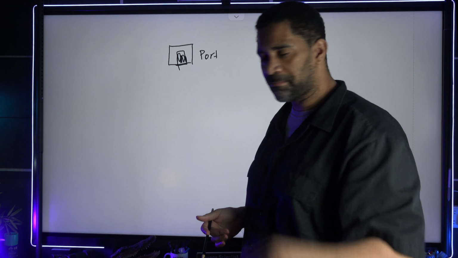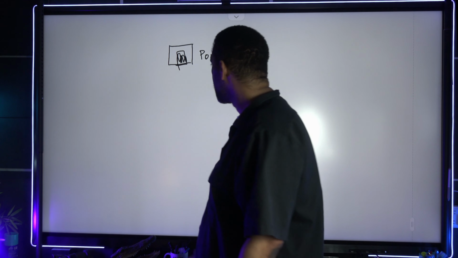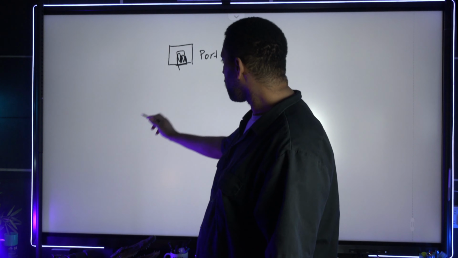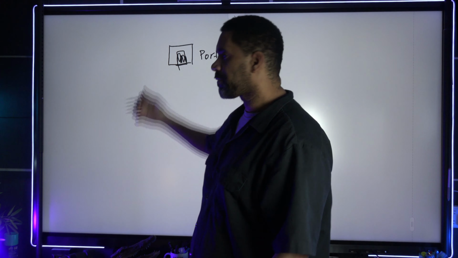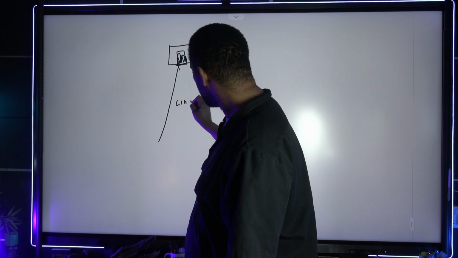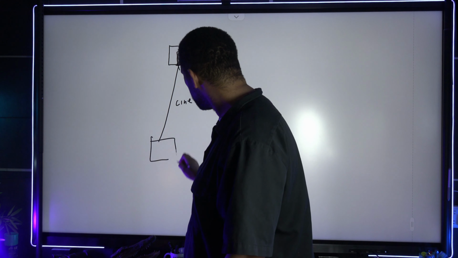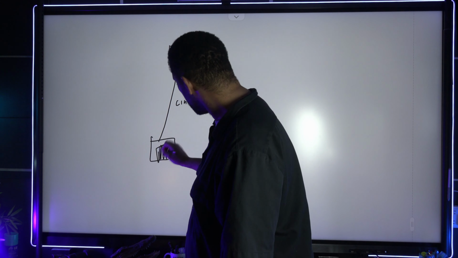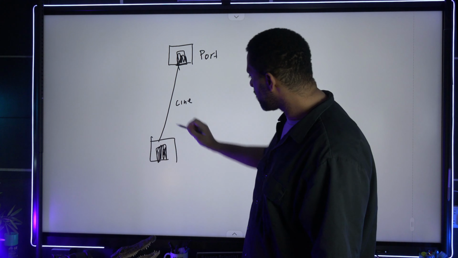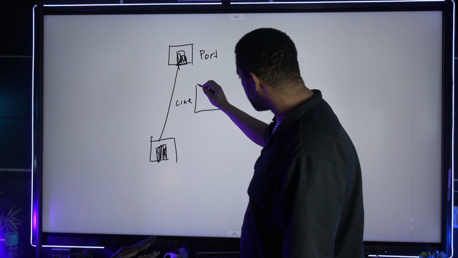So now that I got that, put that networking equipment over there. Let's look at ports. Whenever you're transferring data, your data will come across this line from port to port. So we have two ports and we have a line. In this transmission line, it contains data.